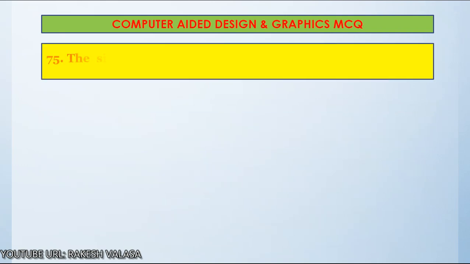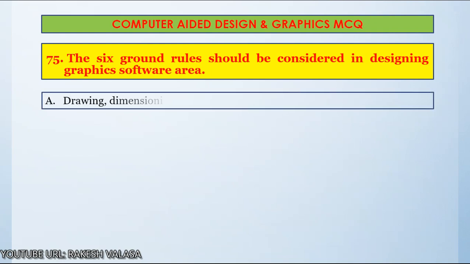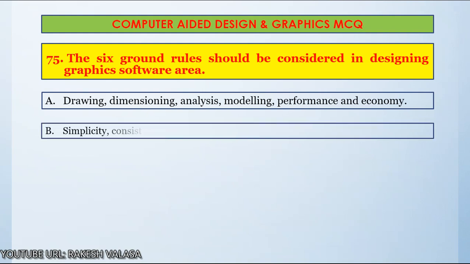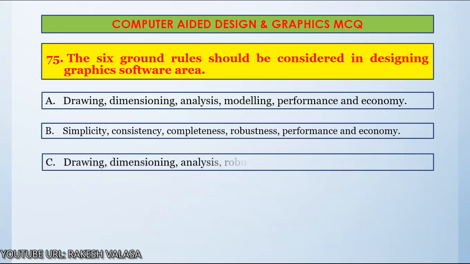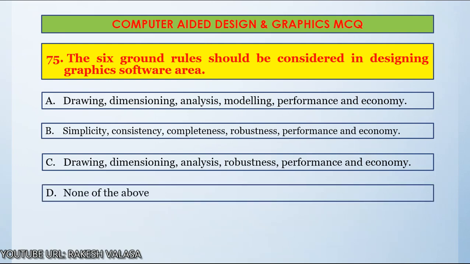Question number 75. The six ground rules should be considered in the designing graphics software area. Option A drawing, dimensioning, analysis, modeling, performance and economy. Option B simplicity, consistency, completeness, robustness, performance and economy. Option C drawing, dimensioning, analysis, robustness, performance and economy. Option D none of the above.